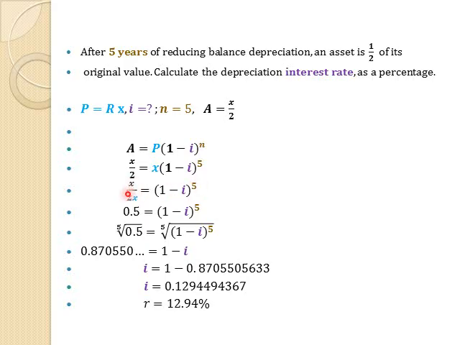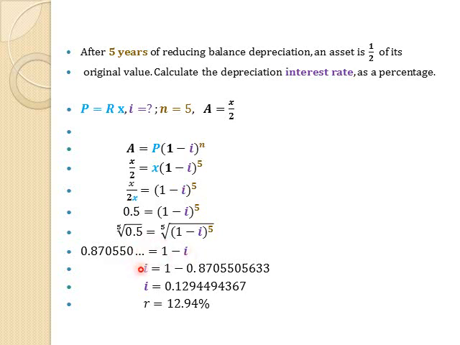X and x cancel, so I'm left with half, or 0,5, equal to 1 minus I to the power 5. To get 1 minus I on its own, I'm going to find the 5th root. If I do one side, I must do the other side. The 5th root of 0,5 gives me 0,870550, continuing, equal to 1 minus I.